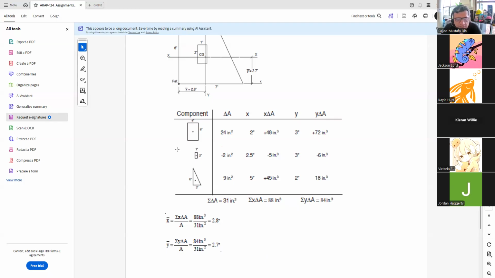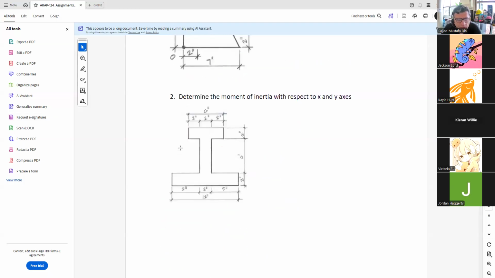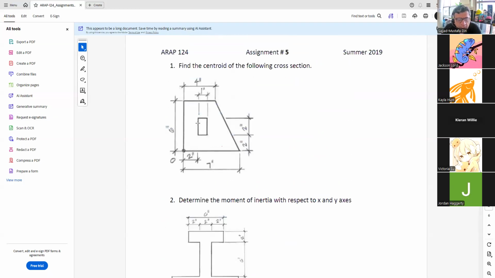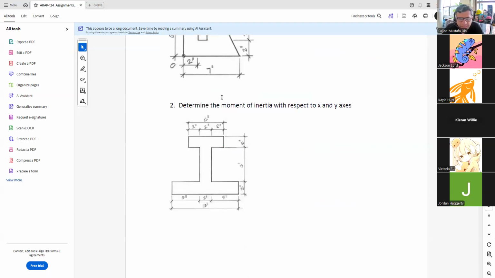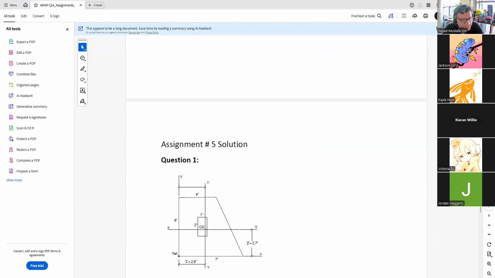And how can you tell if it's a void? It should be indicated. And if it's not, I'll indicate it in the question for you. Go ahead and finish that calculation.